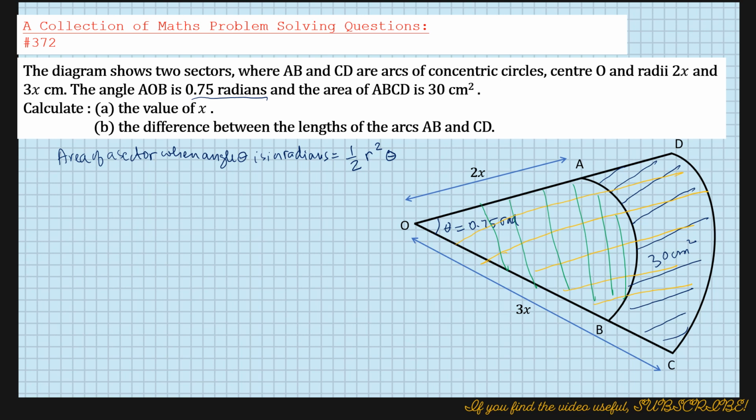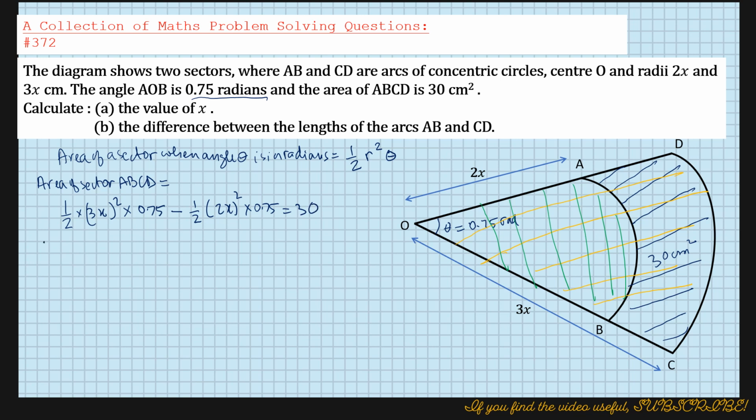The area of sector ABCD would equal half times 3x whole squared, that's r squared, times theta in radians, 0.75, minus half times 2x whole squared times 0.75, and that equals 30.